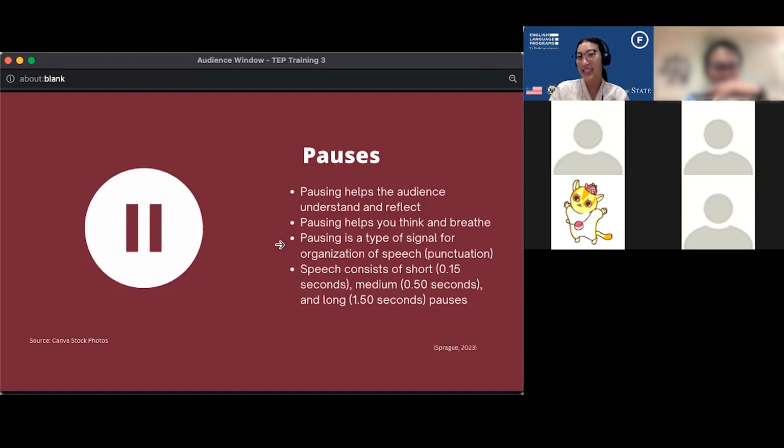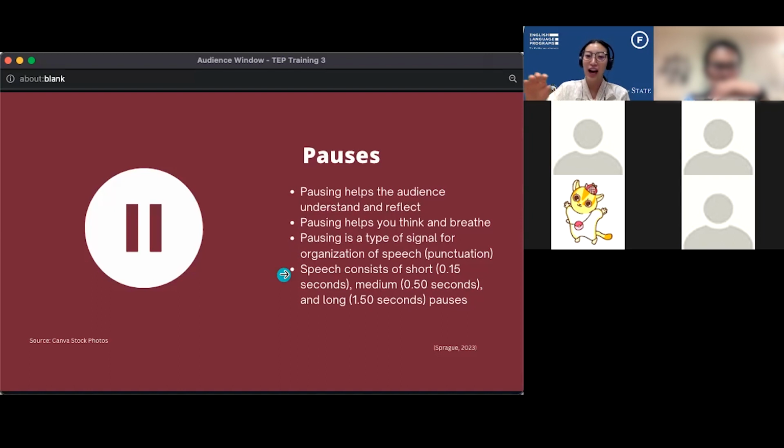And if we did not have that, it would be very hard for the reader to understand the organization of the sentences. In the same way, pauses during a speech are the indicators of the punctuation marks.